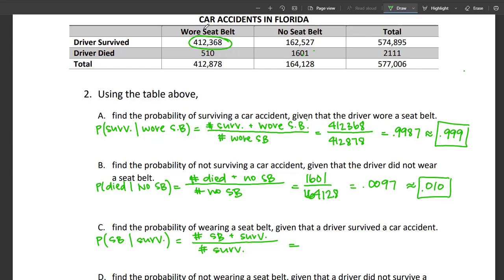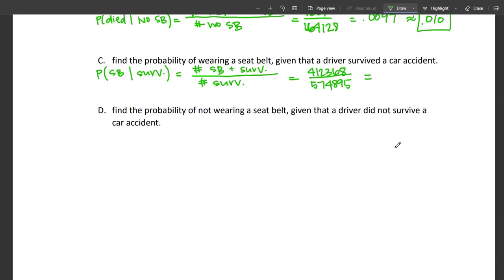And then the total number of people who survived, 574,895. Okay, whenever we divide, we get 0.7172, and that rounds to 0.717.